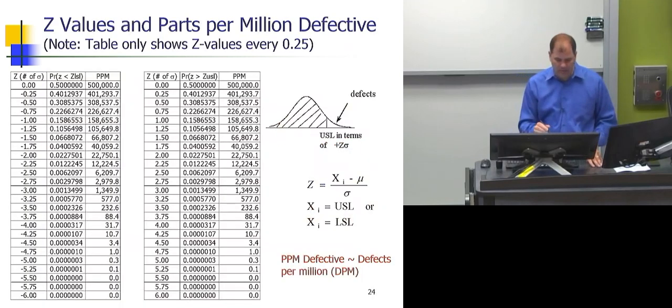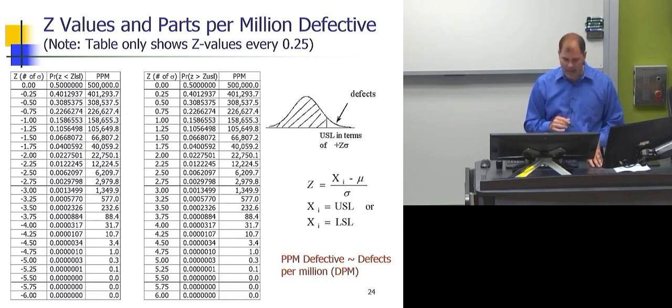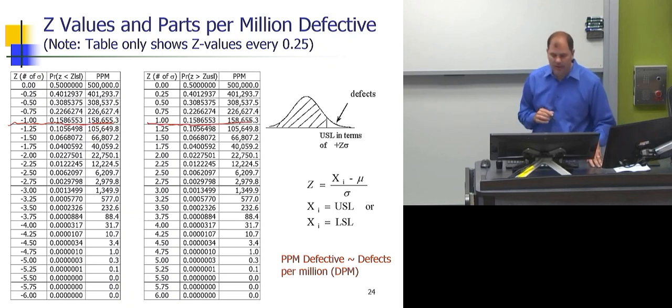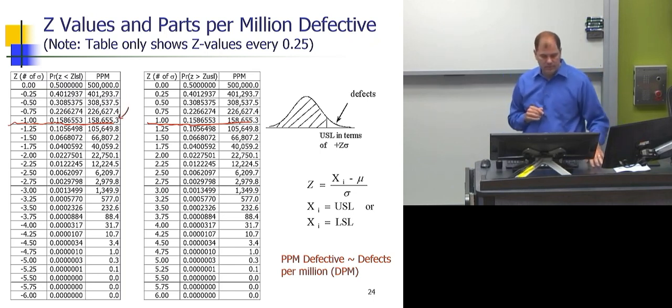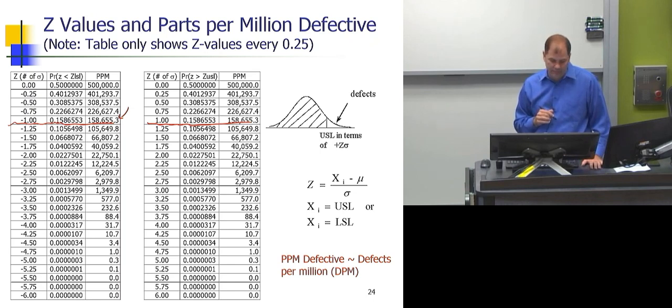Once you have a z value, I can look at a table. And this table is intended to make your life a little bit easier. If I look at z of -1, I get 158,655 ppm. If I look at above z of 1, I get 158,655.